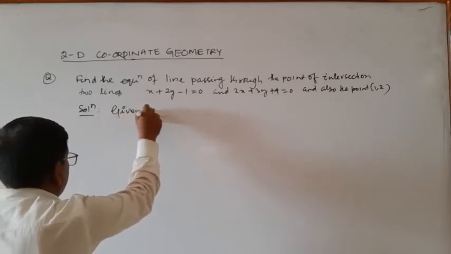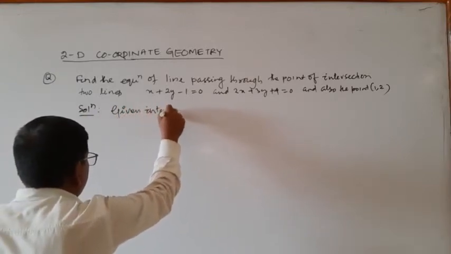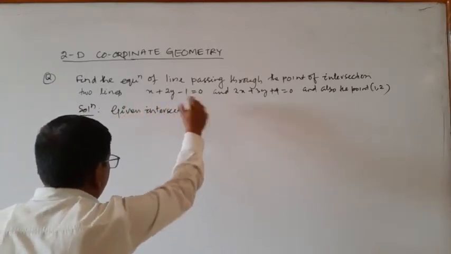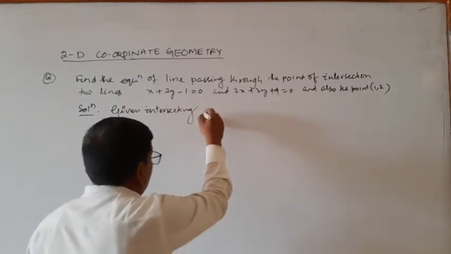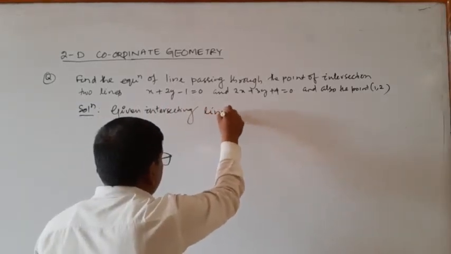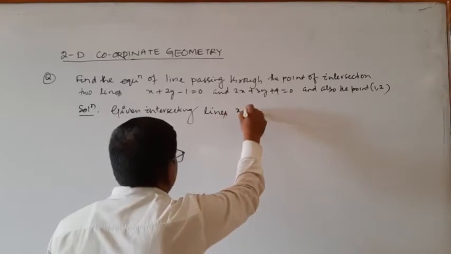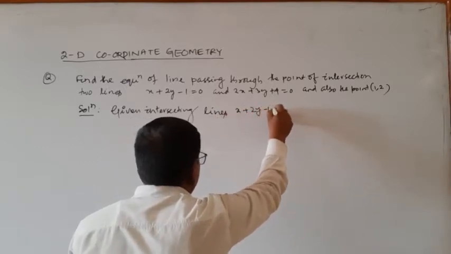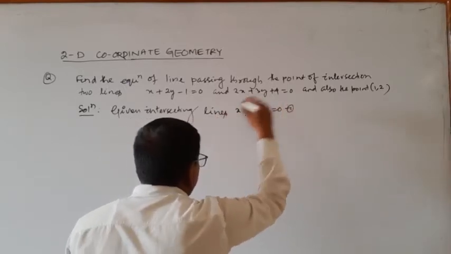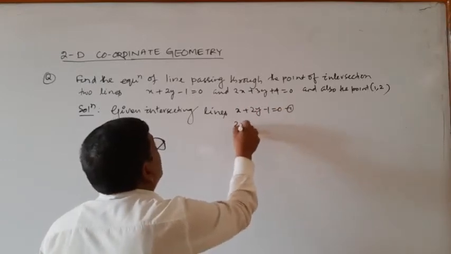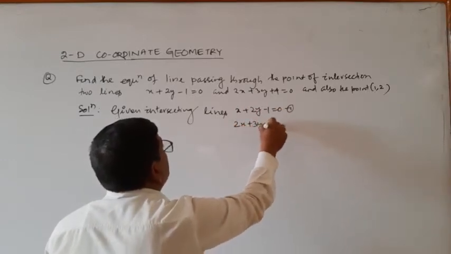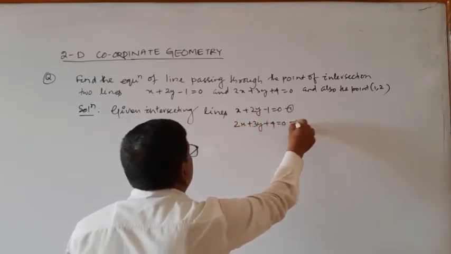Now the solution. Given intersecting lines x plus 2y minus 1 is equal to 0, equation 1, and 2x plus 3y plus 4 is equal to 0, equation 2.